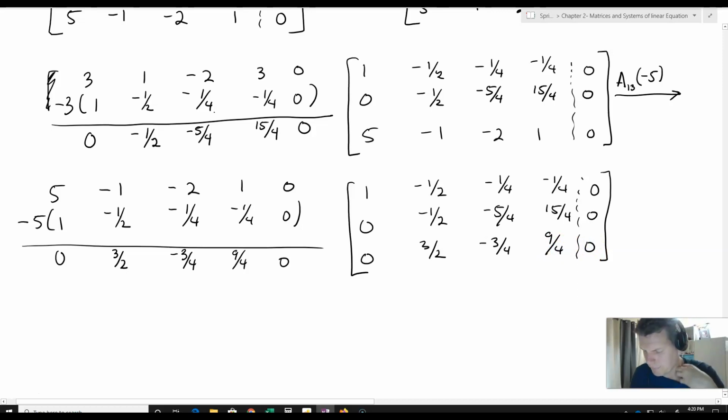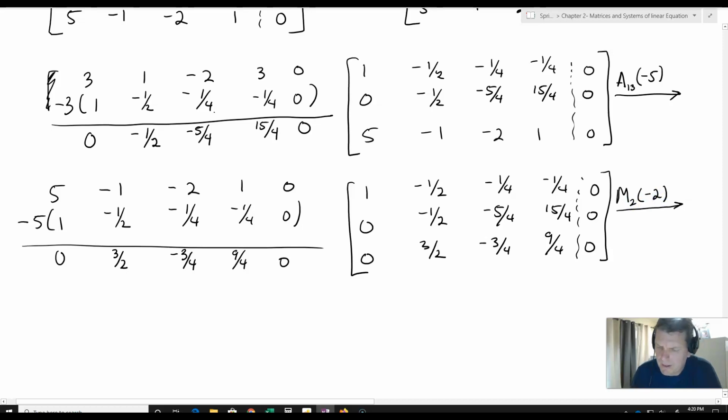Okay. Next up, I'm going to have to get a 1 in the second column, second row. So I will multiply row 2 by -2.